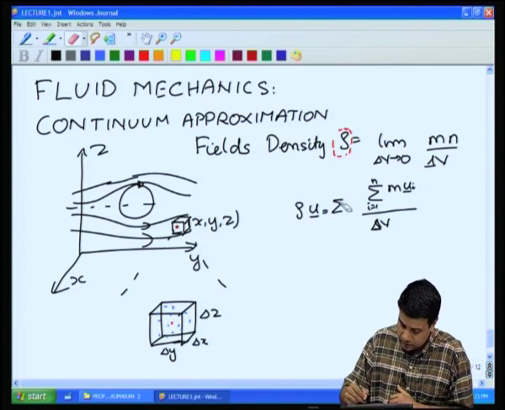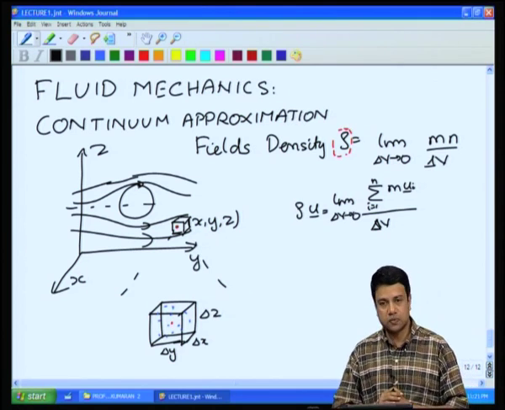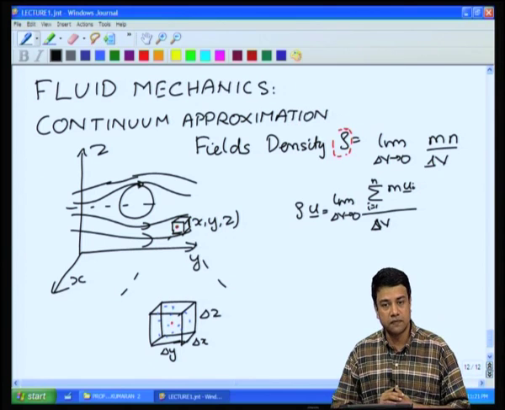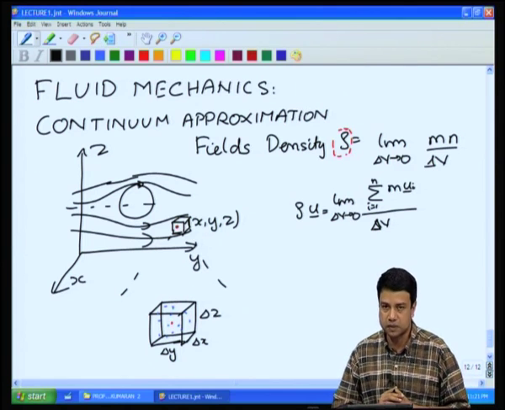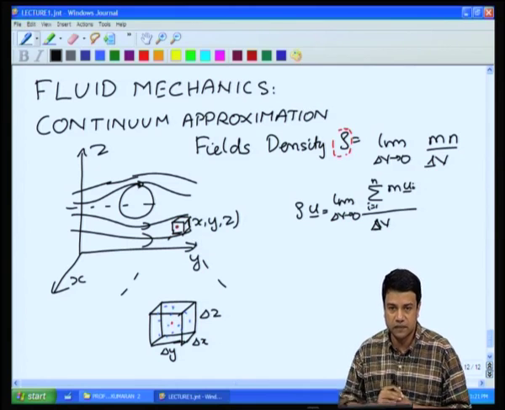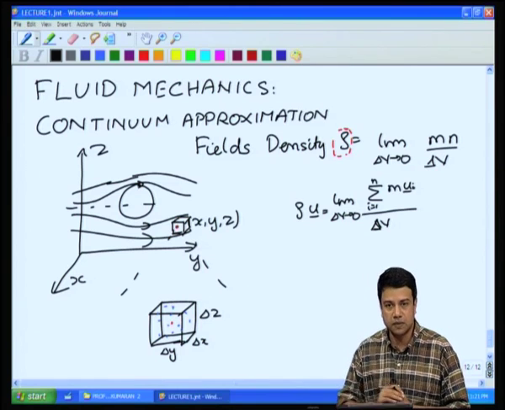That is what is meant by the mean velocity at a particular point. So, that is the local pointwise value of the velocity at that particular location.